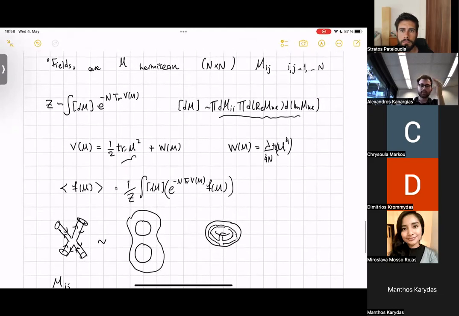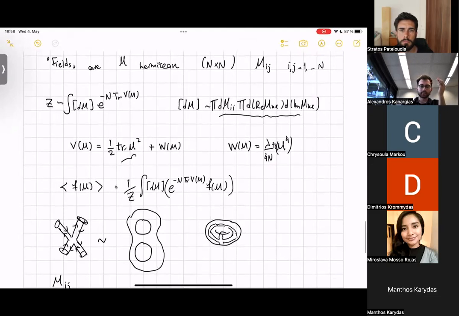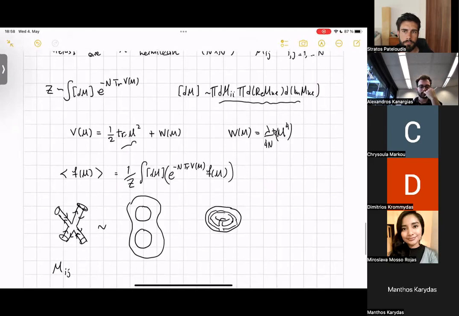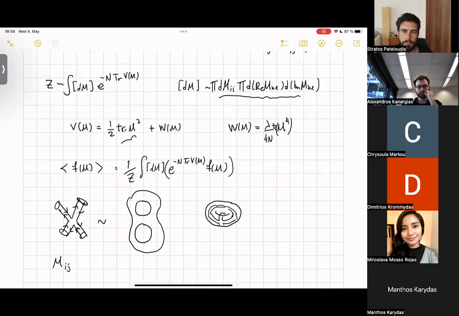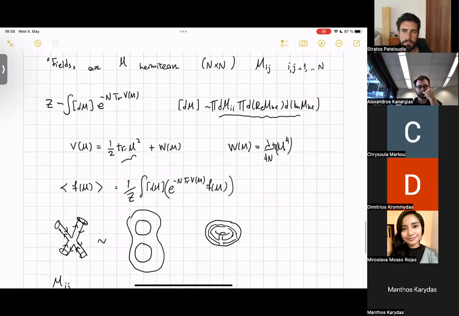I'm saying that your starting point, the group you're using, should sort of tell you which diagrams are allowed and which not.